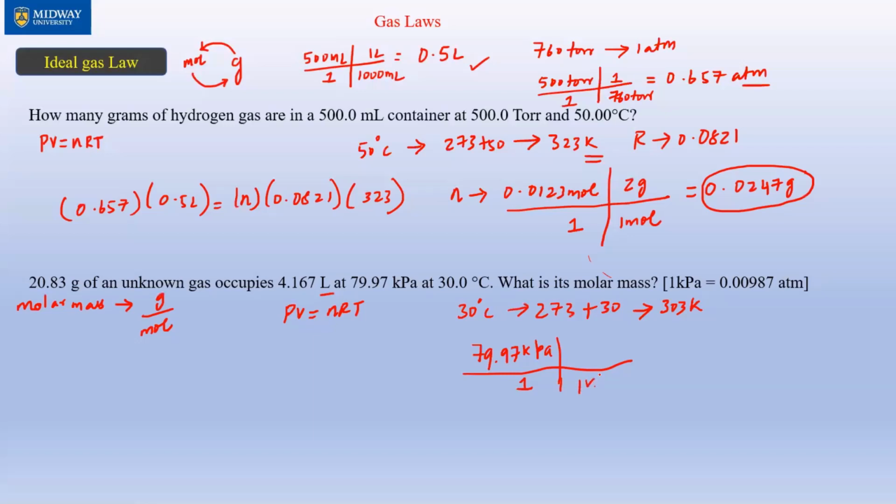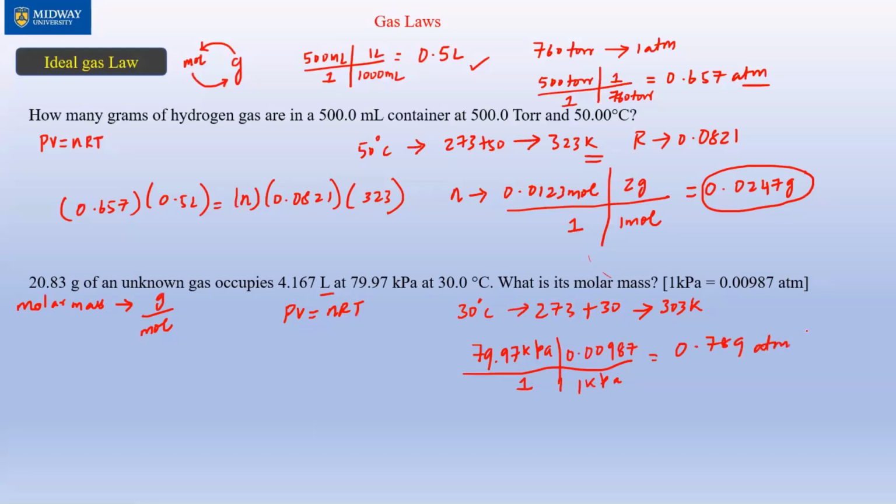So 1 kPa equals 0.00987 atm. That will be 79.97 times 0.00987, which is 0.789 atm.